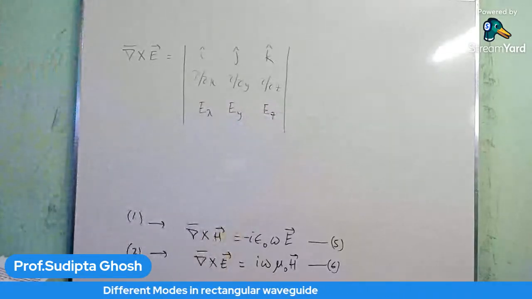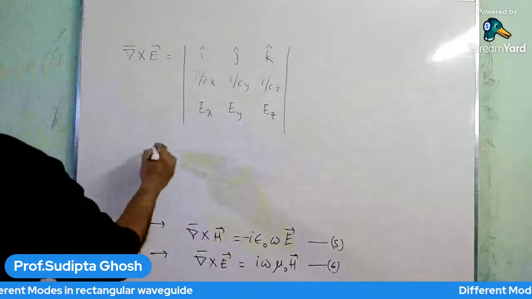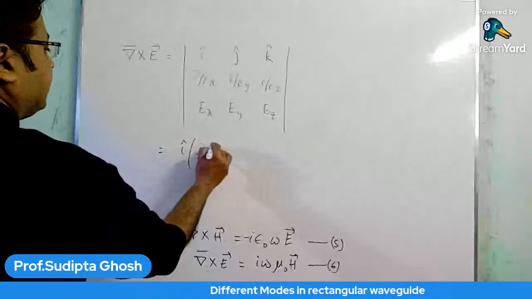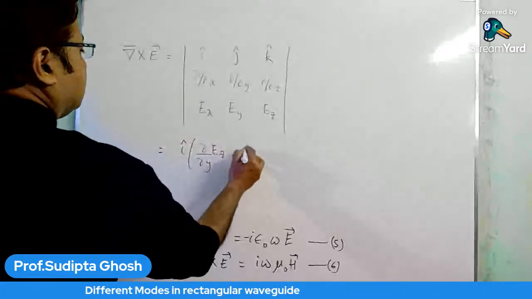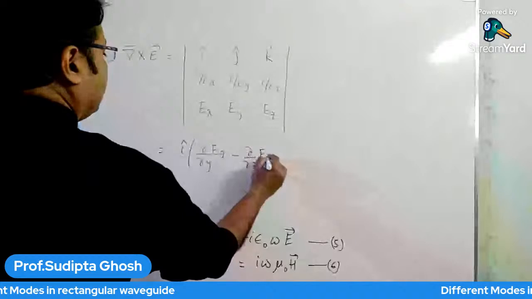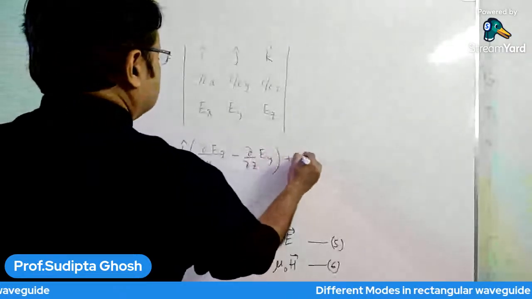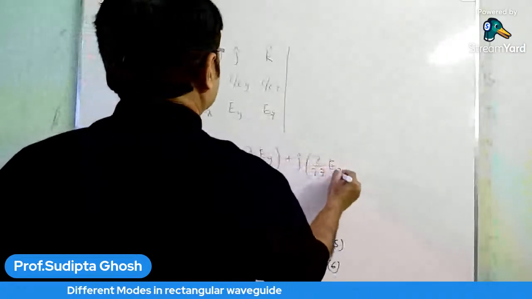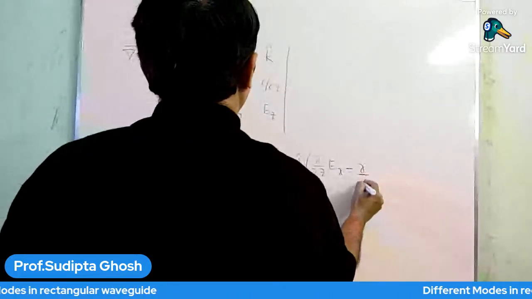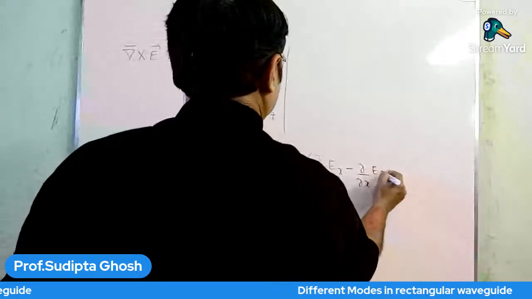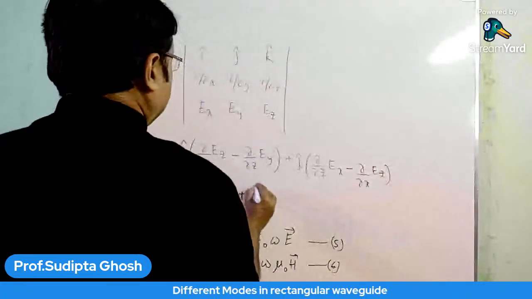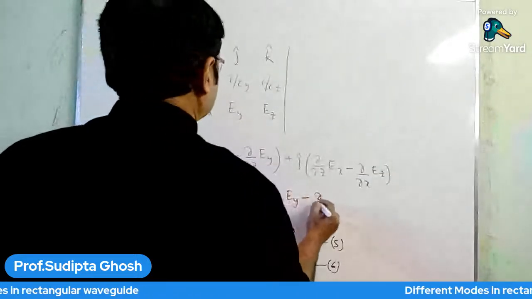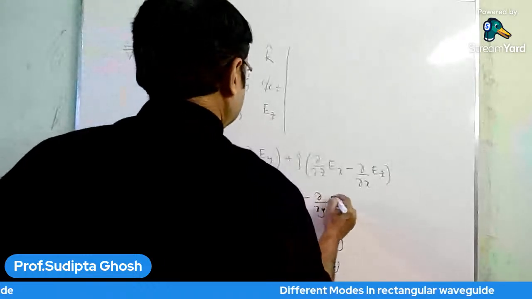Okay? So it will be i cap (del y of Ez minus del z of Ey) plus j cap (del z of Ex minus del x of Ez) plus k cap (del x of Ey minus del y of Ex).